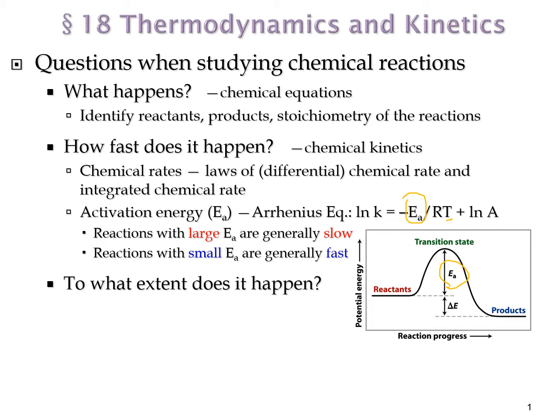Of course, in medicine, we want the reaction to slow down, so that we can increase the activation energy by setting up the pathway or by putting in a particular drug. As a matter of fact, the drug inside our body, in the view of chemistry, is a catalyst. And of course, in chemistry, we want to develop the catalyst that can lower the activation energy so that the reaction can take place much faster if the reaction is slow.